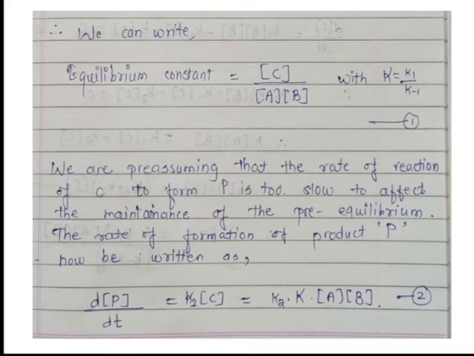Now we need the value of C. So K2 stays as it is, and instead of C we can put K into the concentration of A into the concentration of B. In a further slide we will see how this term comes. Now give a number to this equation; this is equation number 2.